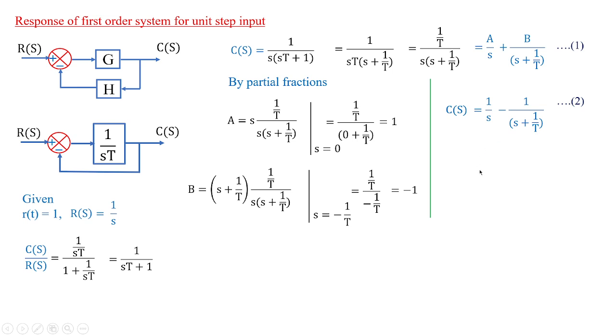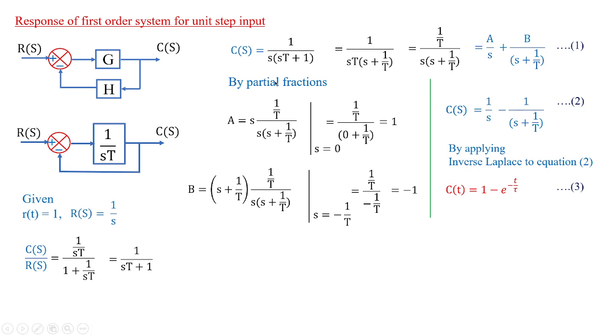Now you need to employ inverse Laplace to equation 2, and you are going to get C of s is equal to C of t. 1 by s is nothing but, inverse value is 1, minus 1 by (s plus a), where a is equal to 1 by T. When we treat, the value will be equal to 1 minus e to the power of minus t by T. This is a capital T. So this is how the equation is obtained for C of t. So it is treated as equation 3.